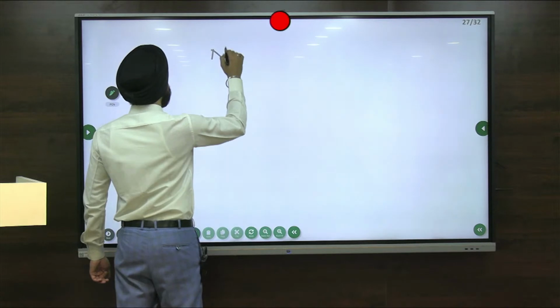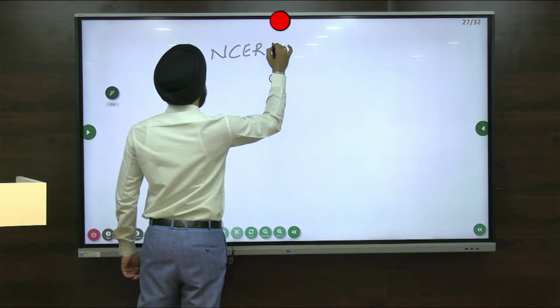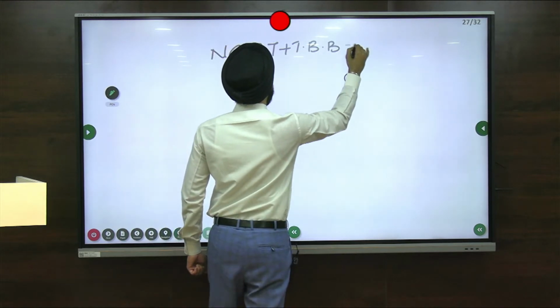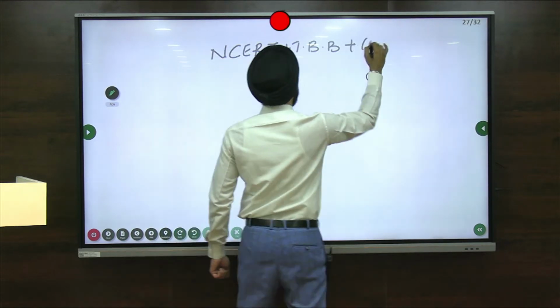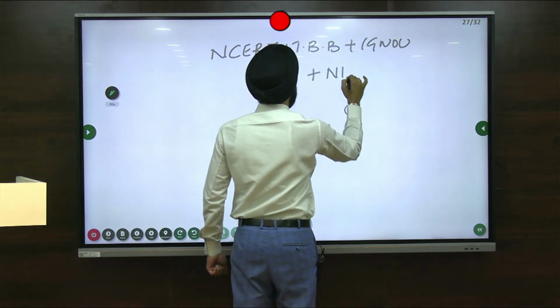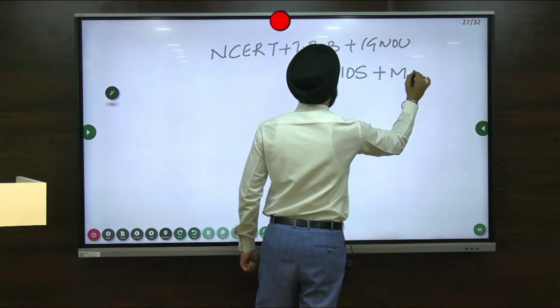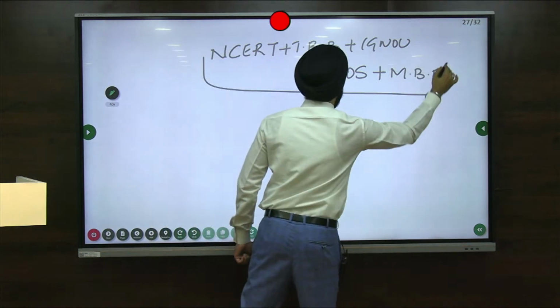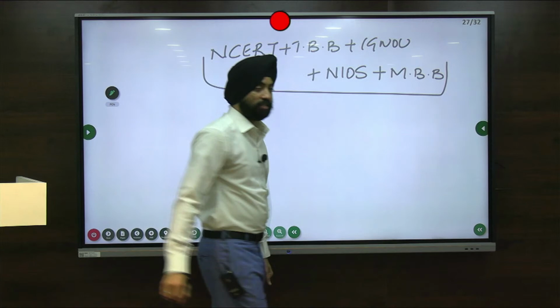The NCERT plus Tamil Nadu board book plus IGNOU material plus NIOS, National Institute of Open Schooling, and Maharashtra board book. These are the 5 areas from where UPSC is asking questions from the past.